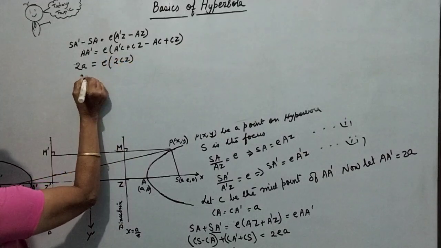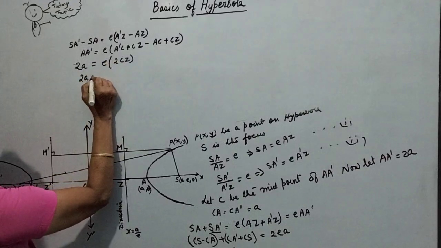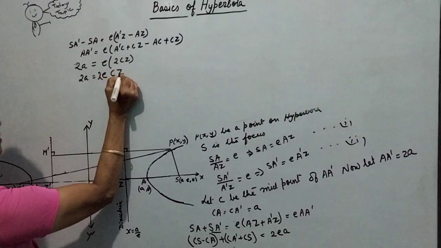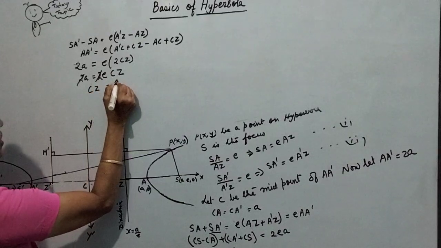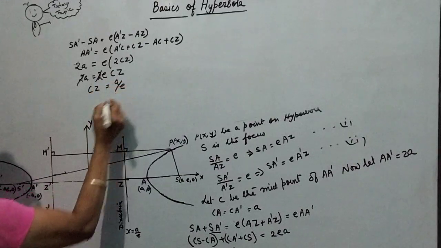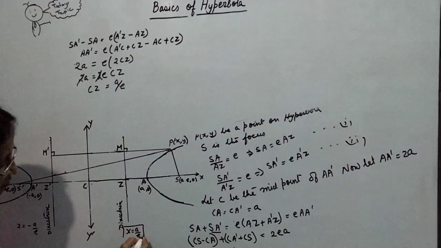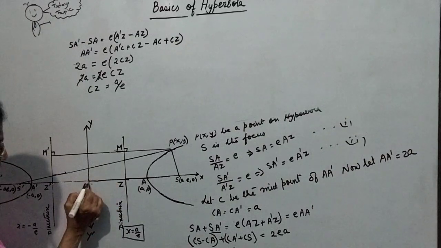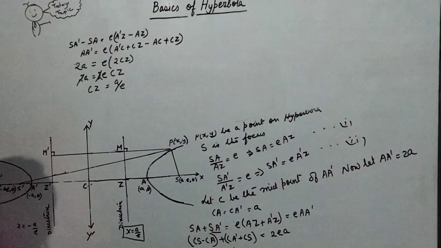So 2AE, A is equal to E, 2E into CZ. 2 cancel. So CZ is equal to A by E. This is the directrix. See here, we got X equal to A by E. This distance is, we have taken this as the midpoint, Y dash.